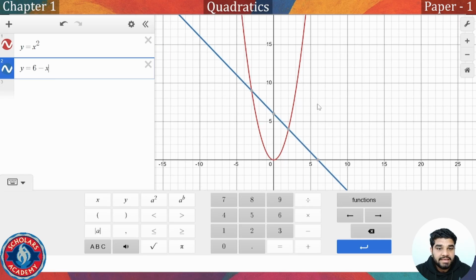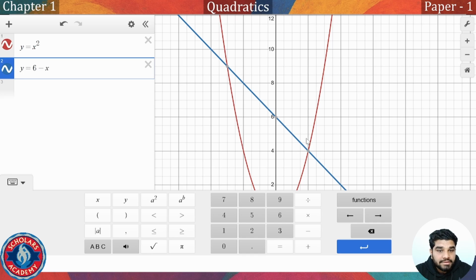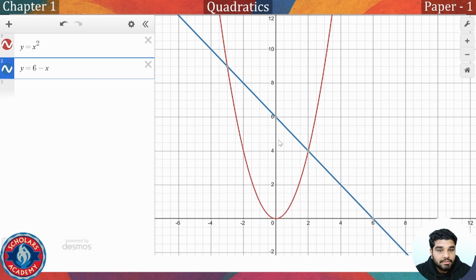So these are the two intersecting points of the given quadratic equation and the given linear equation. So these are the two solution points, right? The quadratic equation forms a parabola, the linear equation goes straight, they cut at 2 points. So these points should be the solution.